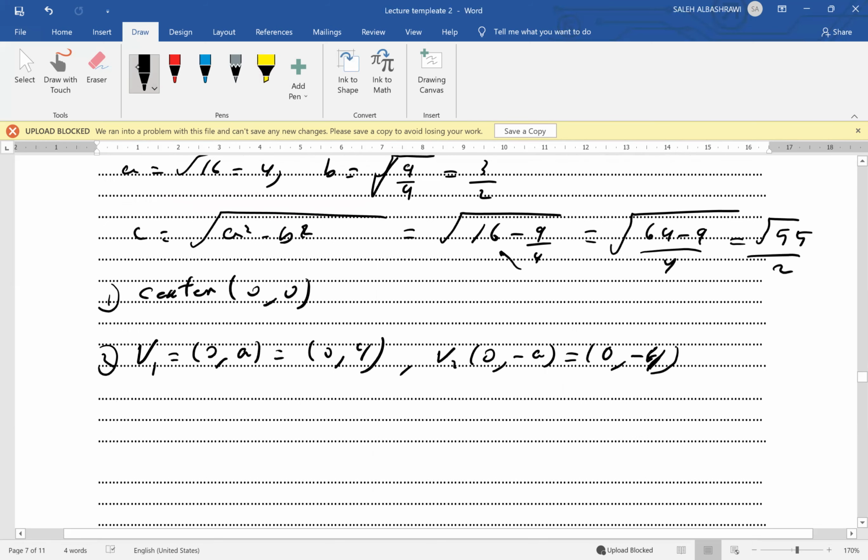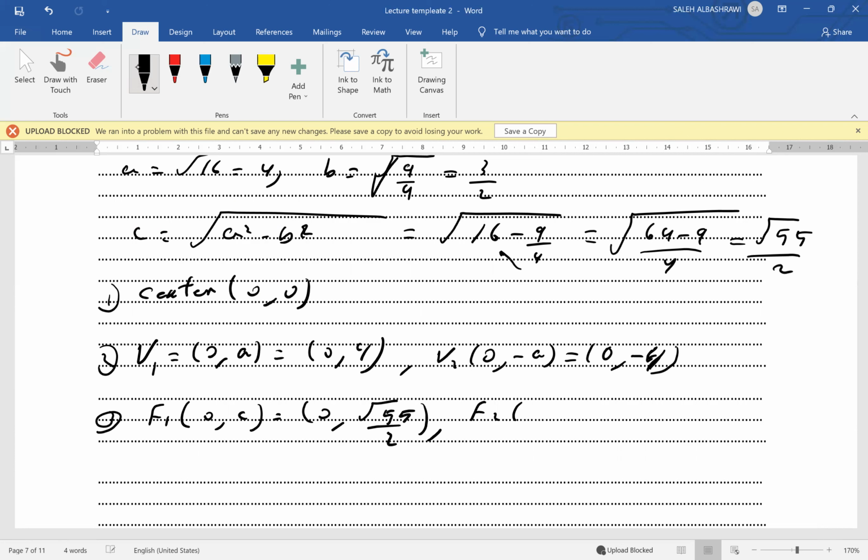And the focus points. F1 is 0 and C, which is equal to 0 and the square root of 55 divided by 2. And F2 is given by 0 and minus C, which is equal to 0 and minus the square root of 55 divided by 2.